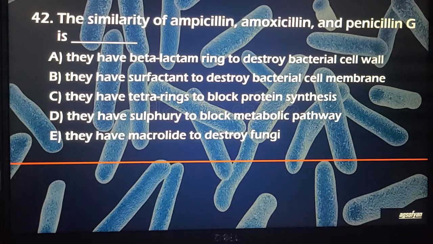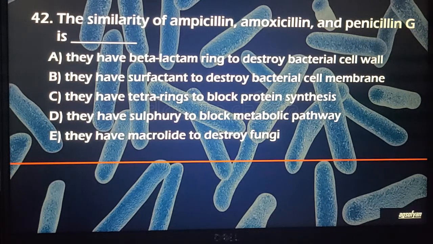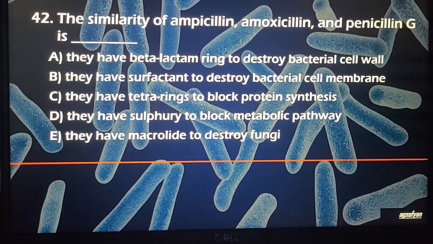Number 42. The similarity of ampicillin, amoxicillin, and penicillin G is: A. They have beta-lactam ring to destroy bacterial cell wall. B. They have surfactant to destroy the bacterial cell membrane. C. They have tetra rings to block protein synthesis. D. They have sulfury to block metabolic pathway. Or E. They have macrolide to destroy fungi.